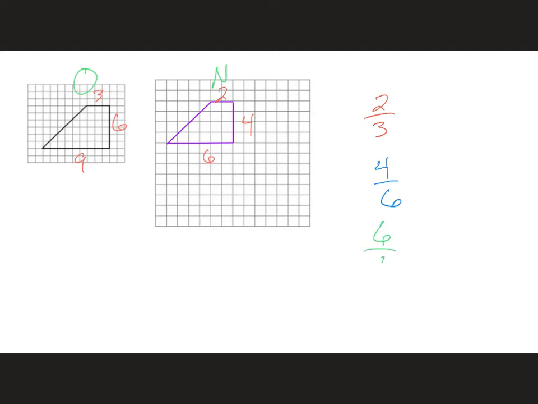And 6/9 would be one ratio that I can write. Okay? All of those, if we were to type those in on a calculator, would give us a decimal of 0.6 repeating, which means that they are all equivalent.